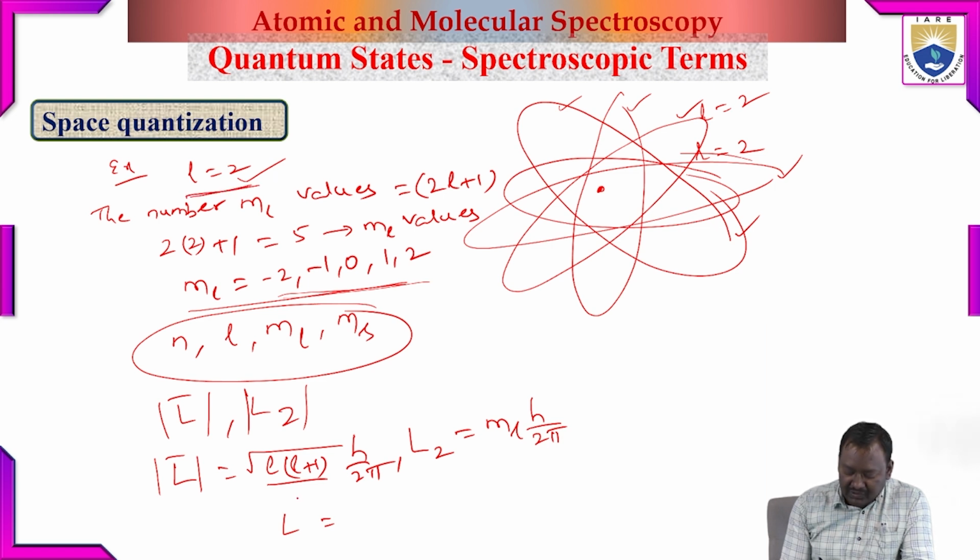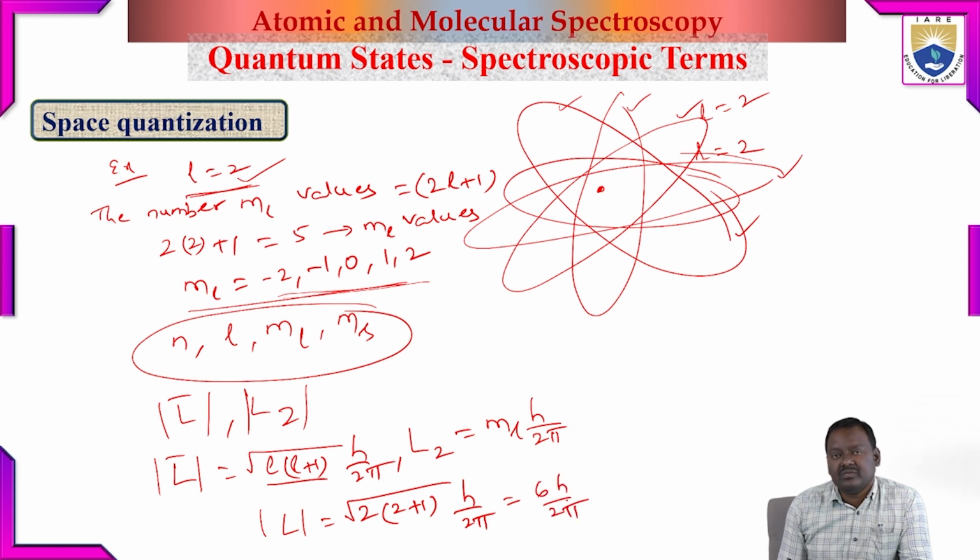So the magnitude of the orbital angular momentum vector is the square root of 2 into 2 plus 1 times h by 2 pi, that is 2 into 3, root 6 h by 2 pi, or root 6 h cross.